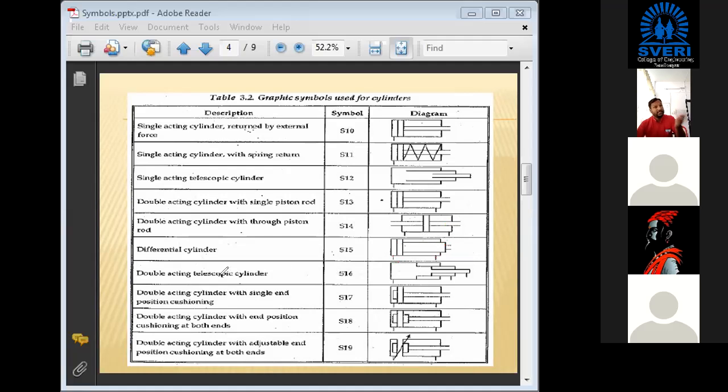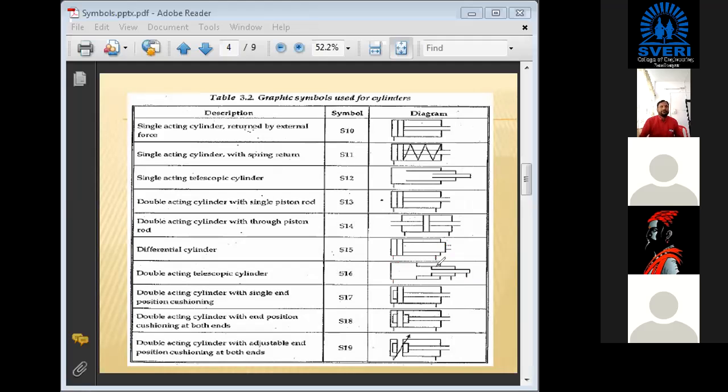Then double acting telescopic cylinder. See, this was the first cylinder. In that again another cylinder is there, it's having again an opening. In that again another, it's having another opening. That is called double acting telescopic.